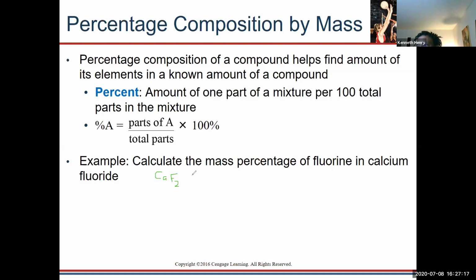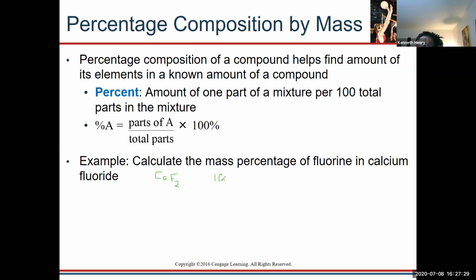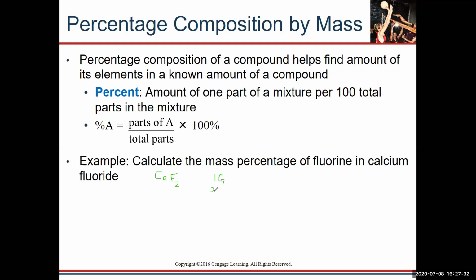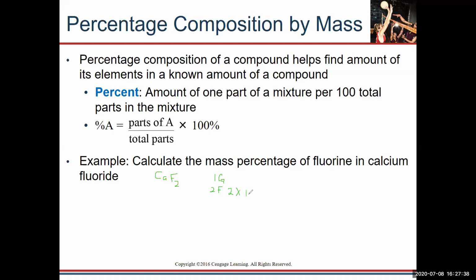So what is the molar mass? Can we calculate the molar mass of calcium fluoride? How do we do that? We write out 2 fluorines times its mass, which is 19. So 2 times 19, and then for calcium, since it's 1 calcium, 1 times its mass, which is 40.